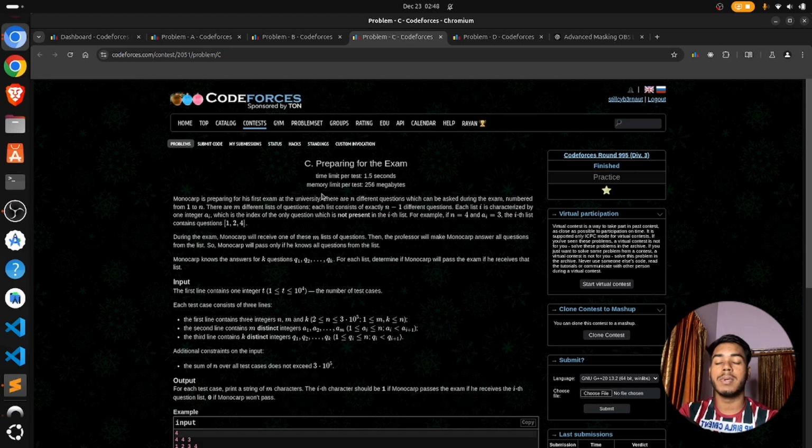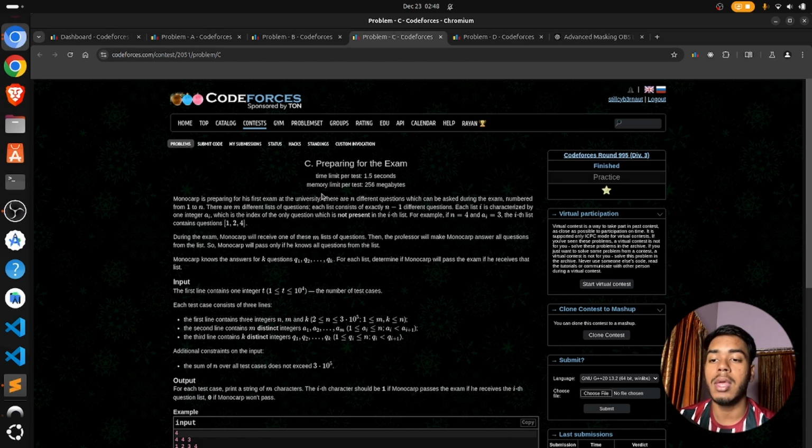So basically there are n questions, and they are numbered from 1 to n. There are n different lists of questions. Each list consists of exactly n minus 1 different questions. Each list i is characterized by one integer a_i, which is the index of the only question which is not present in that list.